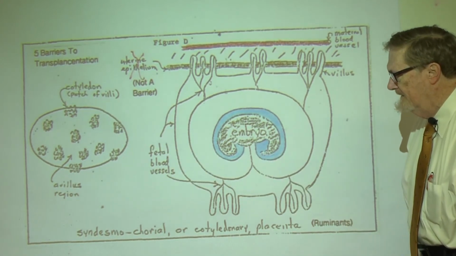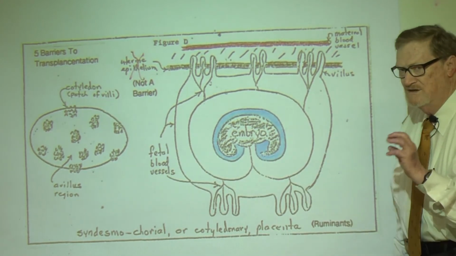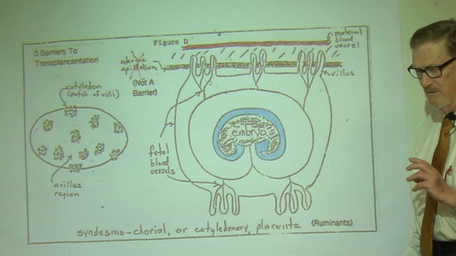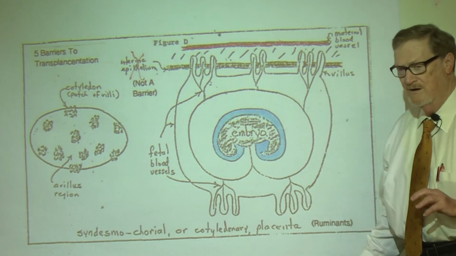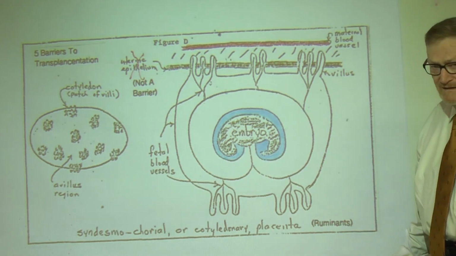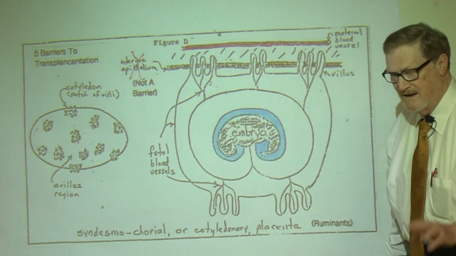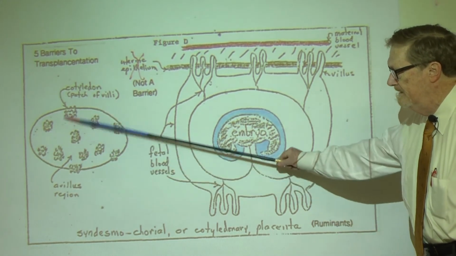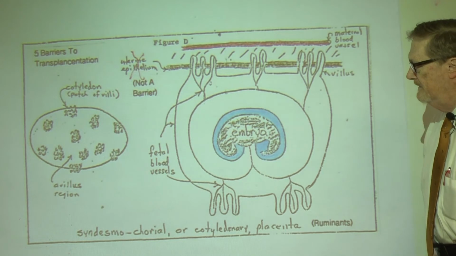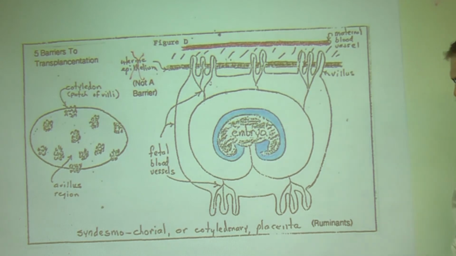And it turns out that they are in little patches called cotyledons. Now, I know some of you may have heard the word cotyledon if you've studied botany, because that also is a part of a seed. But that's not what we're talking about now. These patches of villi on the surface of the placenta are called cotyledons.